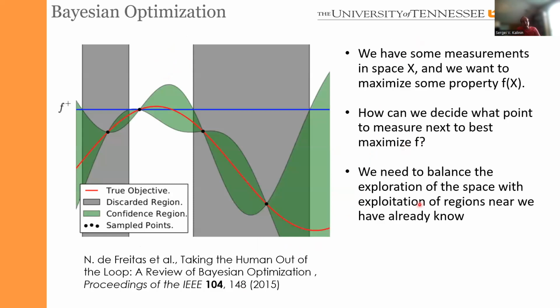So this is the picture from the very famous review by Nando de Freitas in 2015. And it was actually a very interesting story, because if you wanted to do anything related to Gaussian processes before the year 2010 or so, you basically had to graduate from one of maybe 5 groups worldwide that work on Gaussian processes and Bayesian optimization.